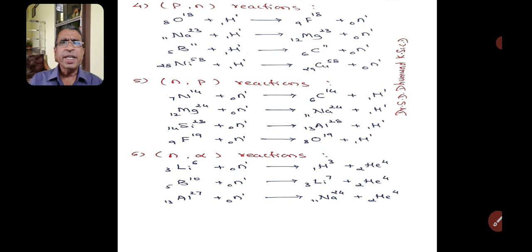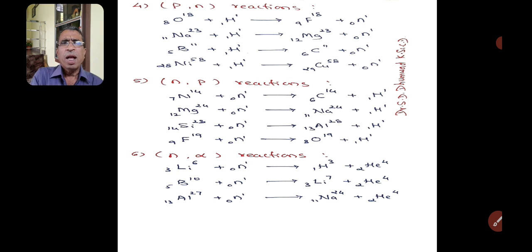Oxygen 8, 18, when bombarded by a proton, gives rise to fluorine 9, 18, giving out a neutron. Similarly, sodium 11, 23 gives magnesium 12, 23 and a neutron. Boron, when bombarded by a proton, gives rise to carbon 11 and a neutron. Nickel, when bombarded by a proton, gives rise to copper and a neutron.